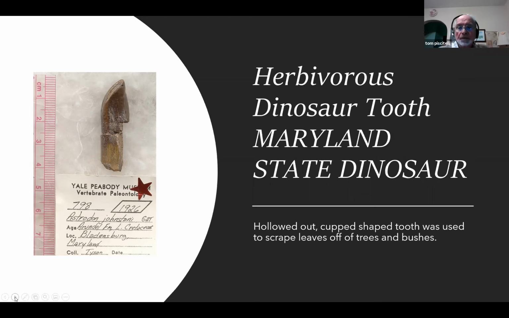Sauropods were browsers, and if you look, the tooth is cup-shaped, and they used them to scrape the leaves off of trees. Astrodon johnstoni roamed Maryland from 130 to 95 million years ago. It and other dinosaur fossils have been found at the Maryland Dinosaur Park. Next slide, please.